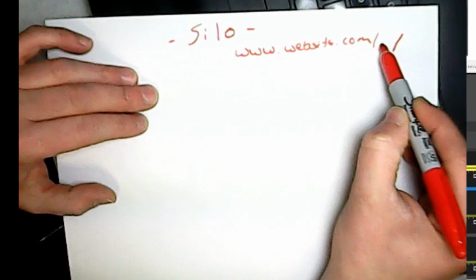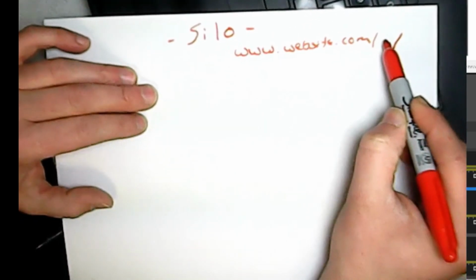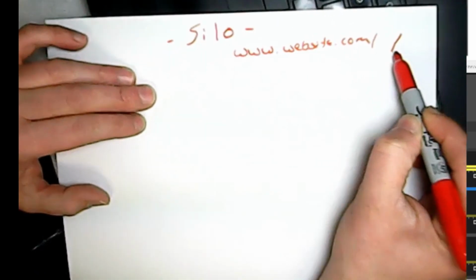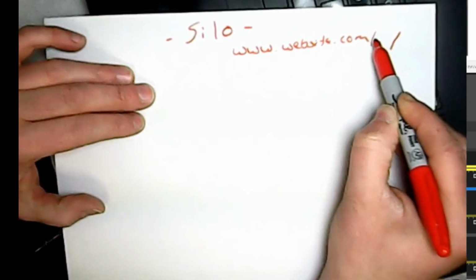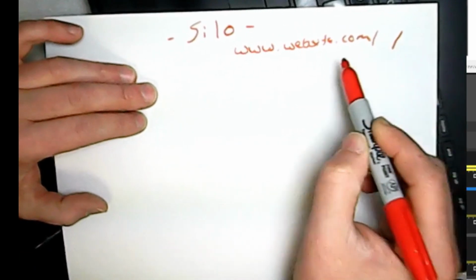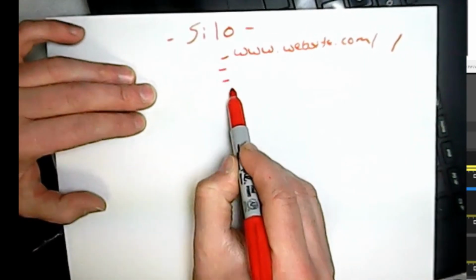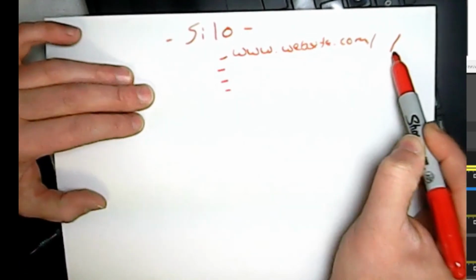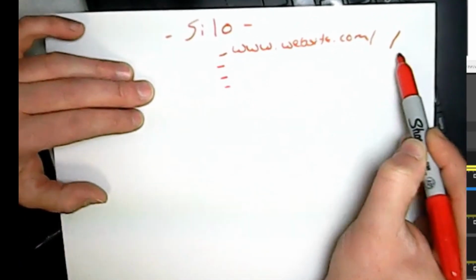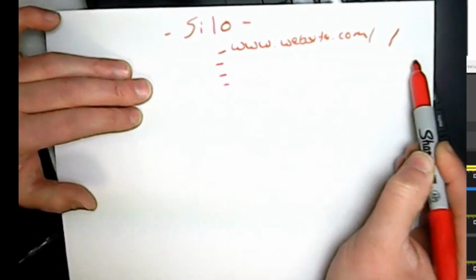And this is like a page placement. So a lot of people write services slash, and then they'll write their service, or they'll write products, and then it'll be their products, and then this will be numerous pages on the website. It'll be website.com, then products, and then product 2, then product 3.